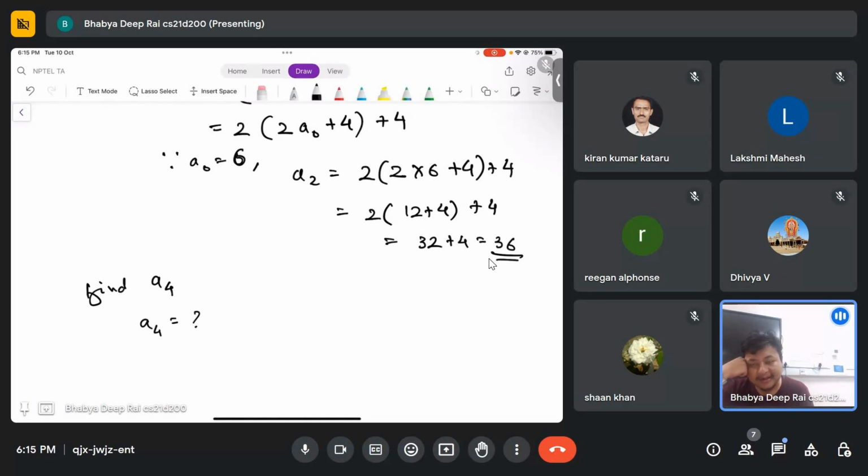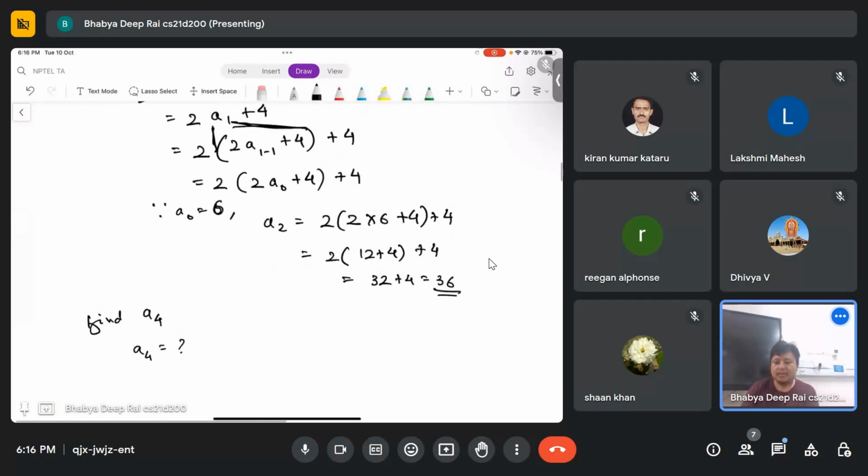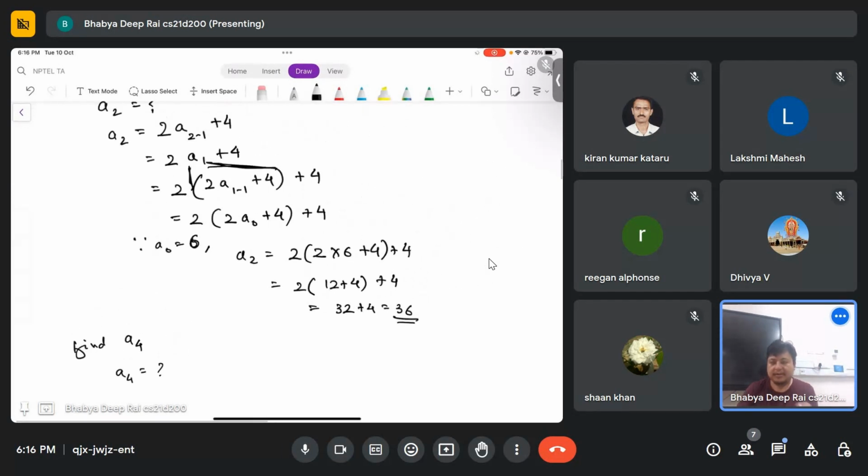Note that a_0 is equal to 6. Maybe so that you see the process.